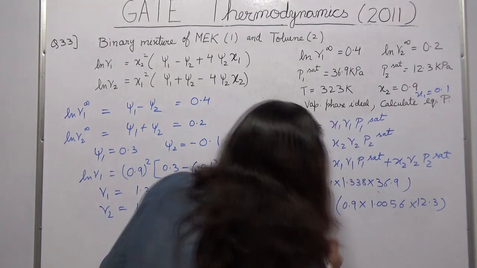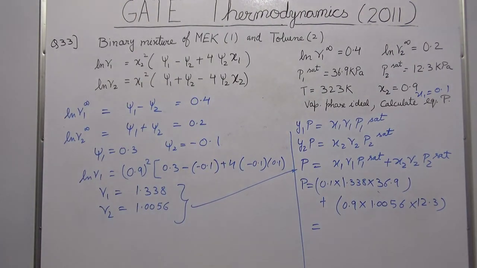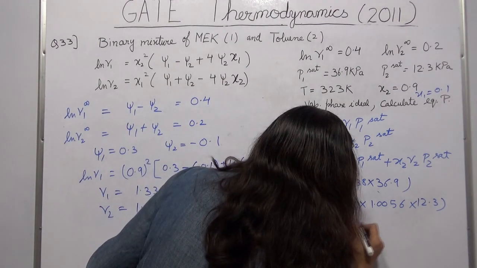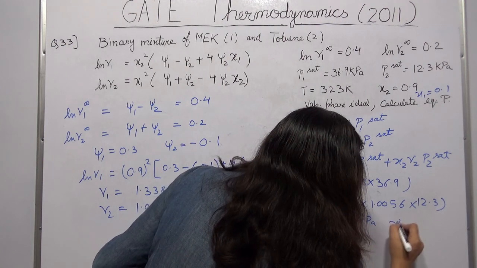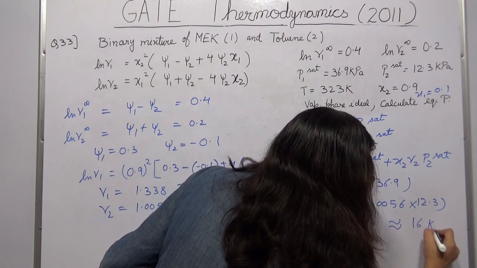So do these calculations and you will find the equilibrium pressure. My answer comes out to be 16.06 kilopascals, or round it off and say 16 kilopascal.